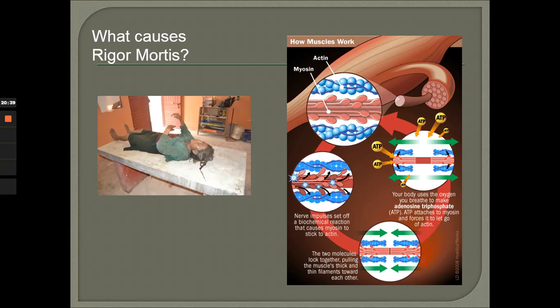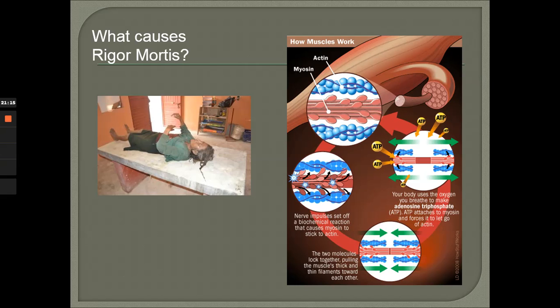Calcium does what calcium does, and it binds to the troponin, causes a conformational change, a shape change, opens up the active sites on the actin, and guess what happens to the myosin heads? They've already been energized by the ATP. They're going to pop up and bind. They're going to cause that sliding filament, which is a contraction.